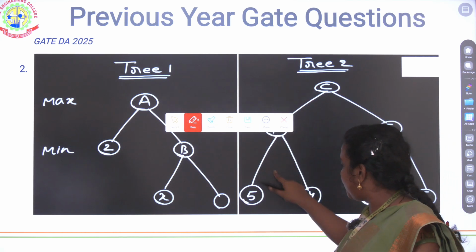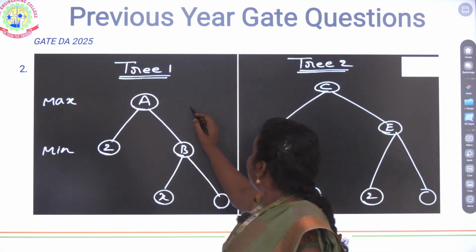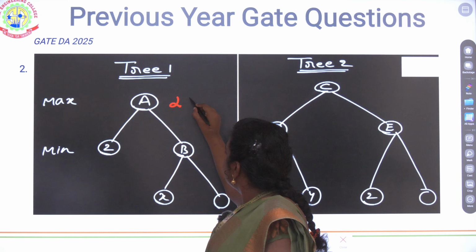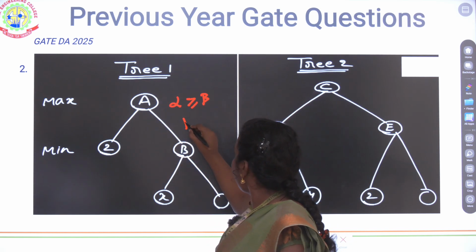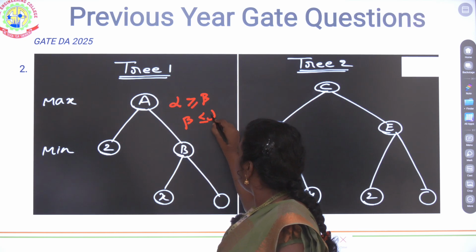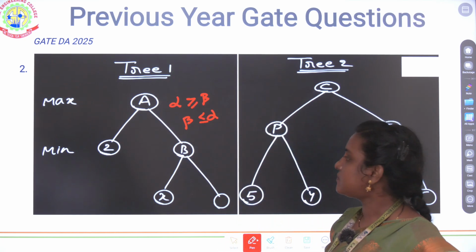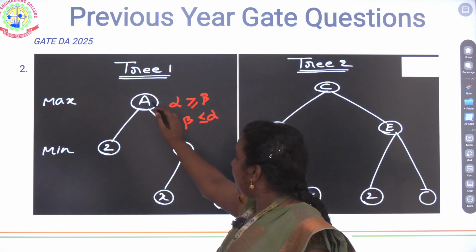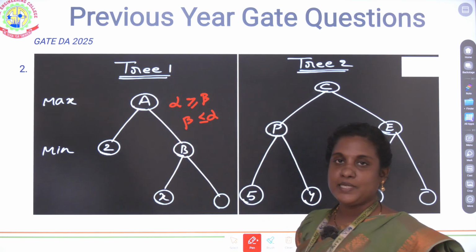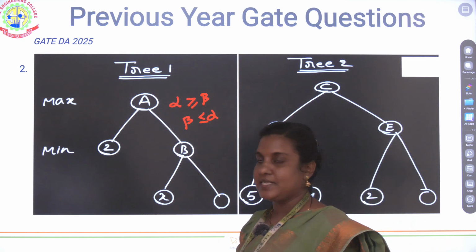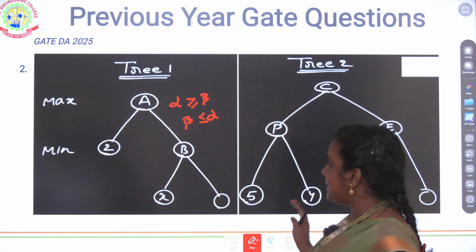Alpha-beta pruning always deals with the condition alpha greater than or equal to beta, or beta less than or equal to alpha. Here at level 0 the max player is playing, and at level 1 the min player is playing. They have given some utility values.